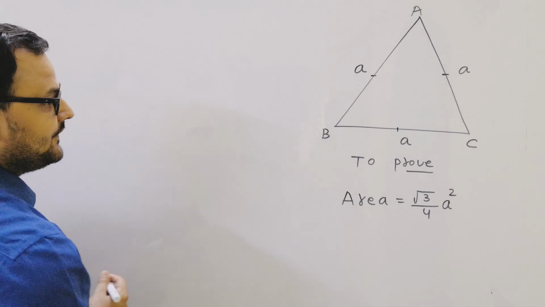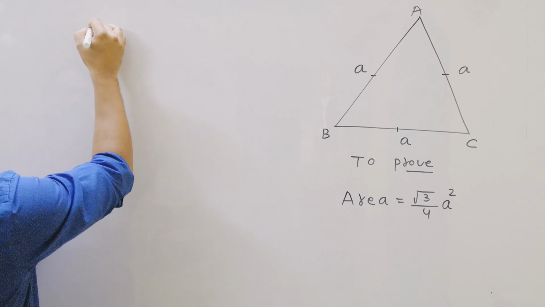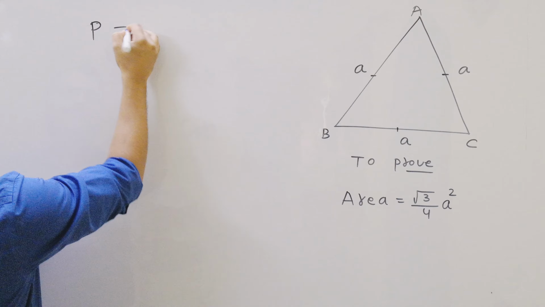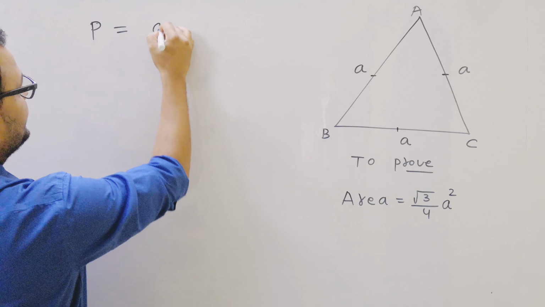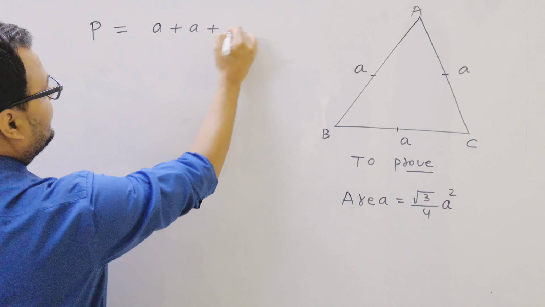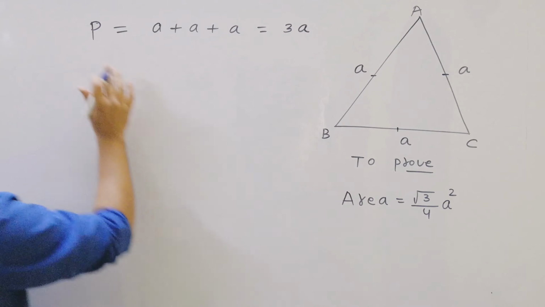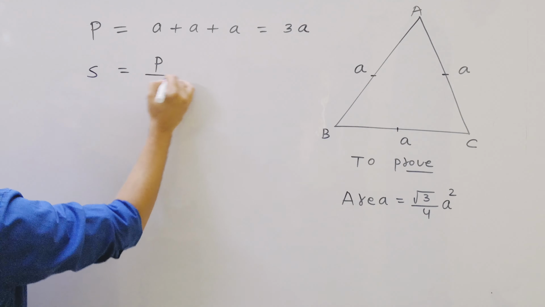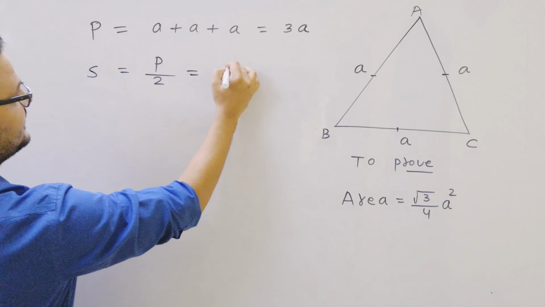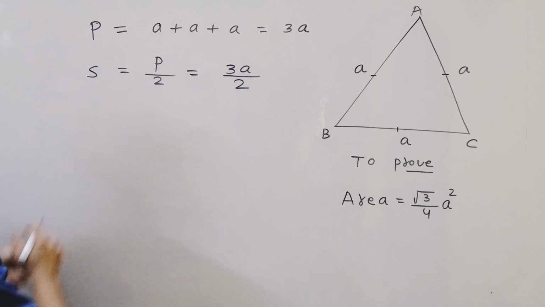For Heron's formula, first I need the perimeter of this triangle. And we know perimeter equals the sum of all three sides. So if I add all three sides, I will get 3a. Now I need the semi-perimeter. Semi-perimeter is perimeter by 2. So I got 3a by 2.